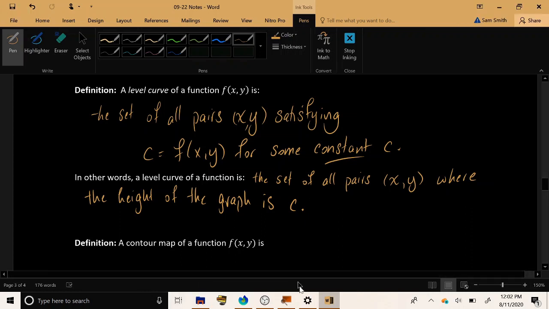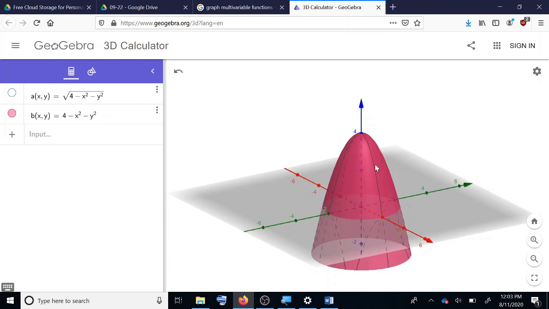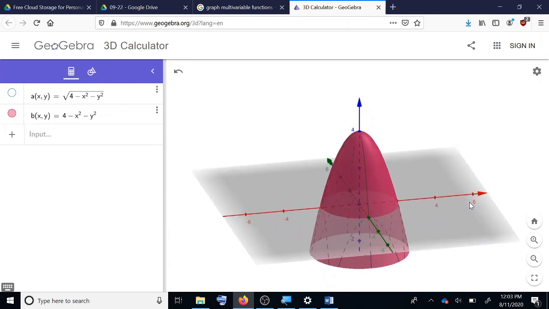For example, if I uninvert colors again and go back to my graph, let's use the one in red here, then you can see a collection of points on this graph at a height of, let's say, z equals 2. This band of points are on the edge of this marker-shaped surface, each having a height of 2. So this circle of x, y values at this height would be the level curve of this surface, corresponding to a fixed height of 2. It would have a circle shape.